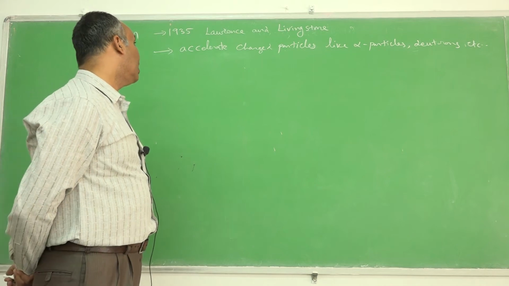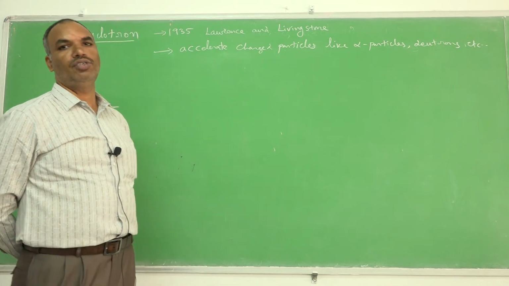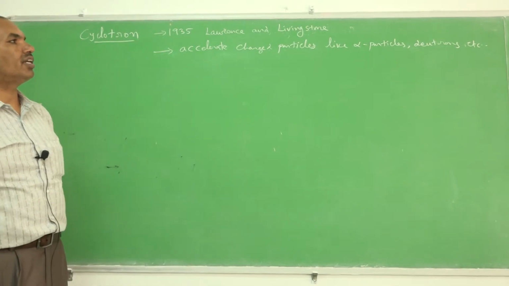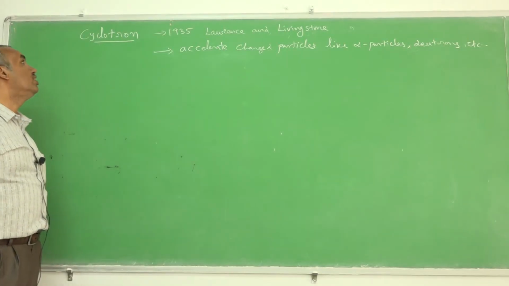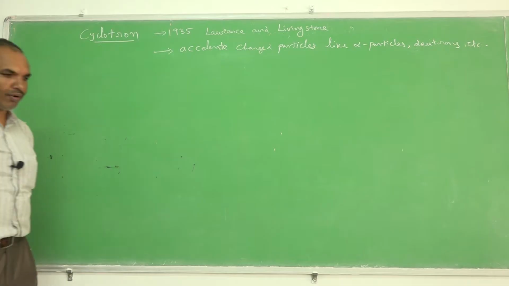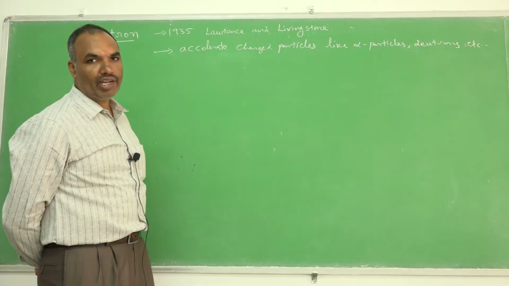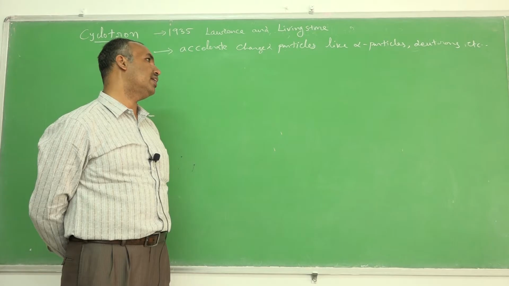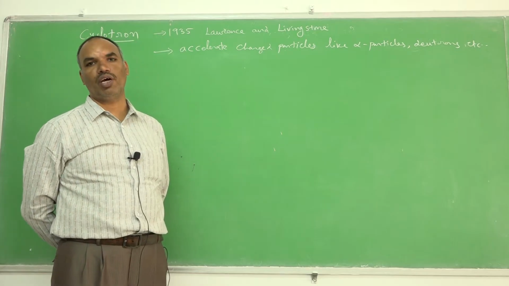In this way, in order to accelerate charged particles like alpha particles and deuterons, we use the instrument called cyclotron. From a cyclotron, we get a fast moving alpha particle, a fast moving deuteron.